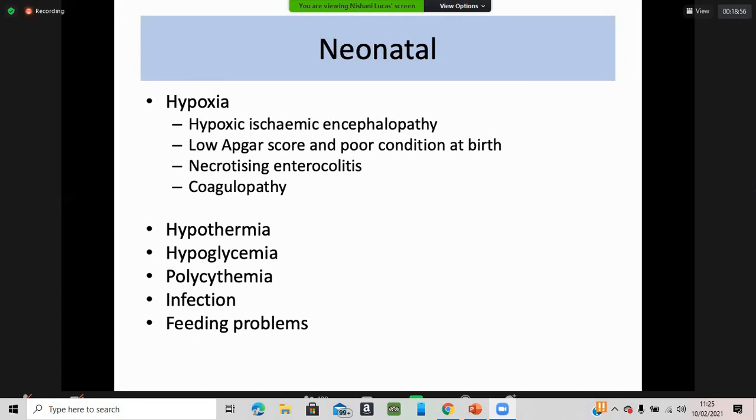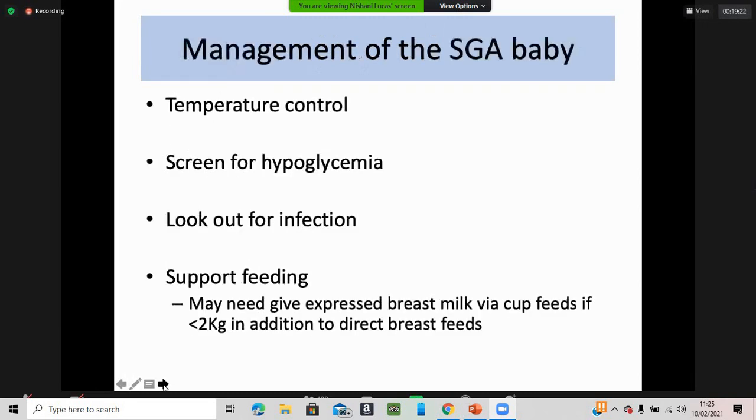Again, because they are small and may need more intervention, they will have a higher risk of infection. If they are born preterm, their immunity will also be less, which will also increase their risk of infection. Again, feeding problems are higher because they get tired with feeding. They may not be able to suckle as strongly or as long as a baby who is not growth restricted. So they will need extra support with feeding.